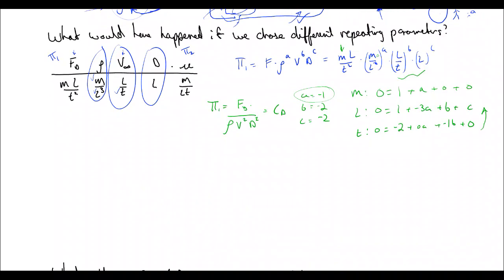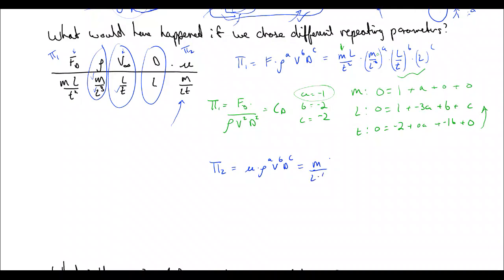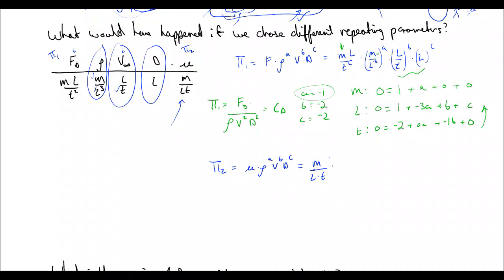Great. Let's do it again. Let's do pi 2 now, is equal to, now we're going to build it around our viscosity. So mu times rho to the a, v to the b, d to the c, which is equal to mass over length times time times, and then everything is copied.